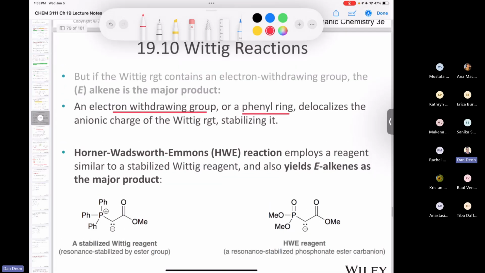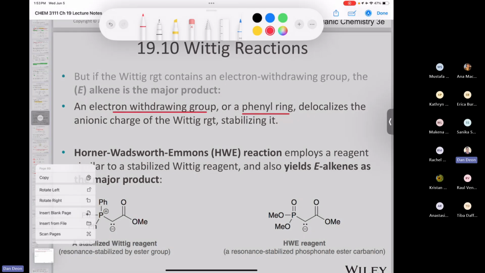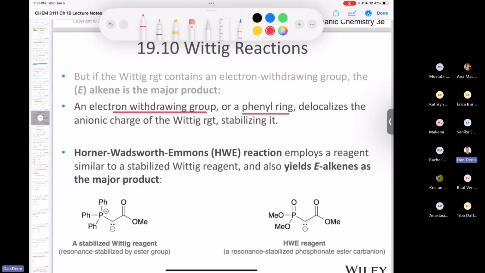Well, there's another reaction that is very similar to the Wittig reaction. Sometimes we call it the Horner-Wadsworth-Emmons modification of the Wittig reaction. So here is a stabilized Wittig reagent. Over here, again, this is stabilized. Why? Because you can draw a resonance form like this.